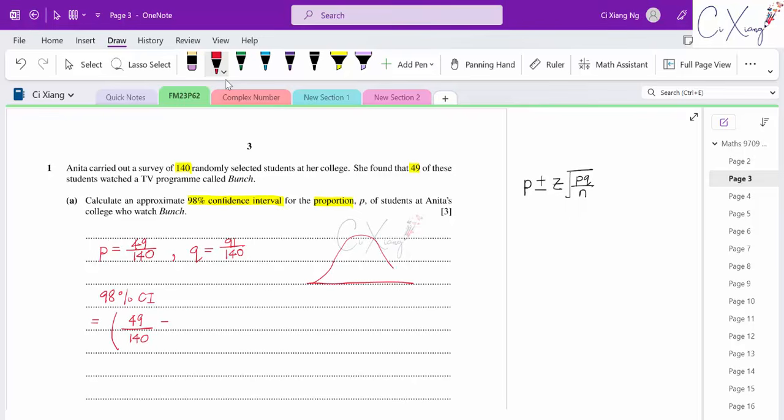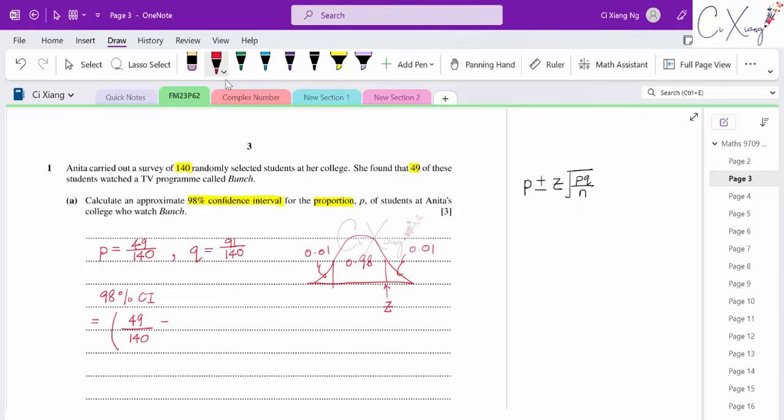It is from the normal distribution, and 98% means that I'm going to have 0.98 in the center. So 98% in the center, I'm having 0.01 here and also 0.01 here, so that the total area under the graph is equal to 1.